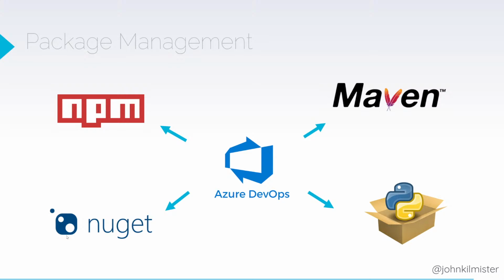So you can bundle that up into a software package. Azure DevOps gives you the ability to host those, be that a NuGet package for C# or .NET more broadly, an NPM package, Maven for Java, or a Python library. This can be really helpful when you break your application up, to still have some reusable shared components.